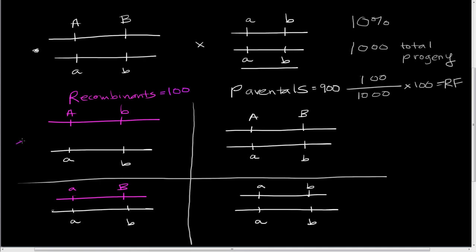And so that means for each of them, we should get 50 progeny: 50 progeny that are big A, little b, and 50 progeny that are little a, big B. For our parentals, if there are 900 total and each of the classes are equally likely, then we expect to get 450 progeny for each of them. And so this is how we can figure out what we expect to see in our progeny classes in terms of genotype for a given cross and a given recombination frequency.